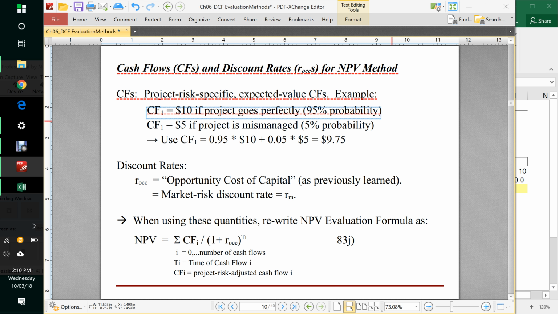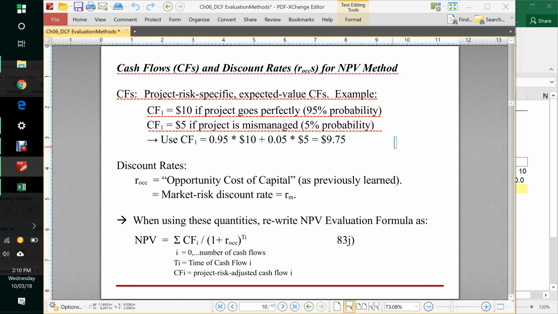The sponsor's done about 100 projects, and we've been able to look at them. 95% of the time, what the sponsor claims is true, but 5% of the times, he flames out, he screws up. The projects don't work so well, okay? So when that happens, on average, what investors get is $5 back instead of $10 back.